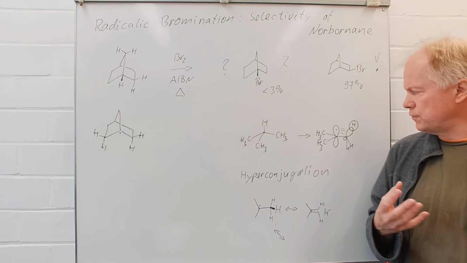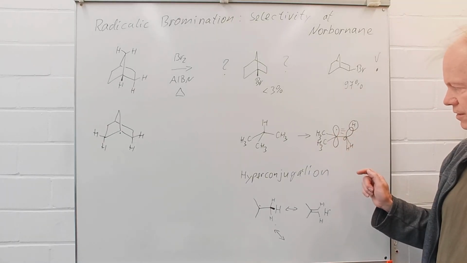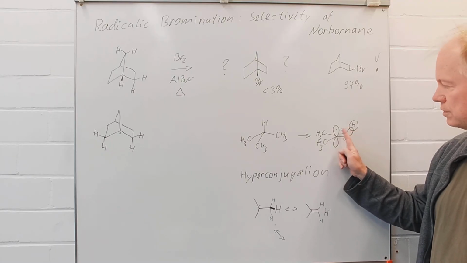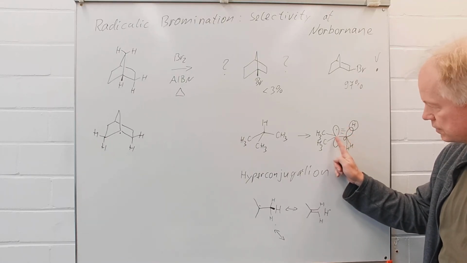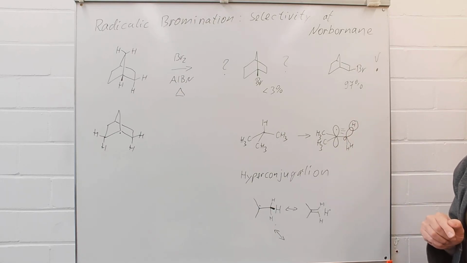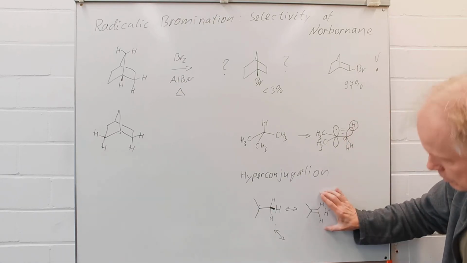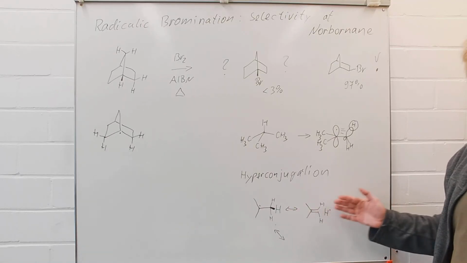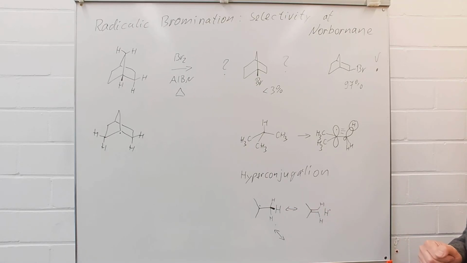This is a bond formation. This symbolizes that we have a little bit of double bond character here, strengthening this bond but weakening that bond. And this can be visualized by those mesomeric structures.